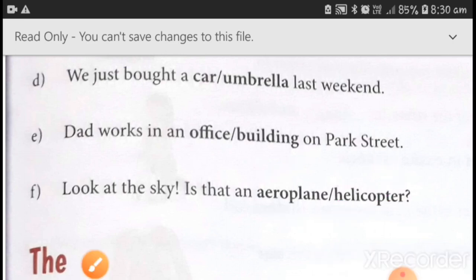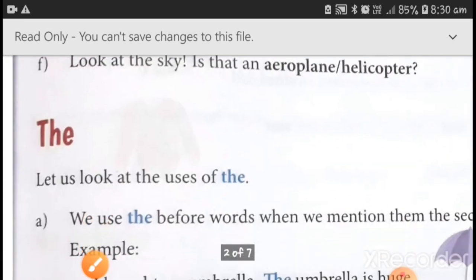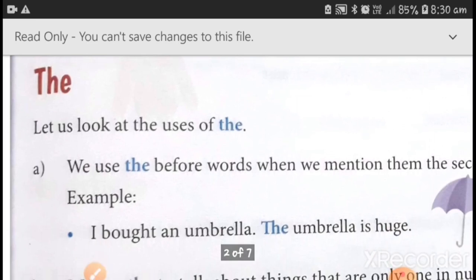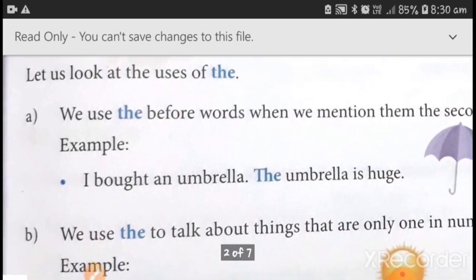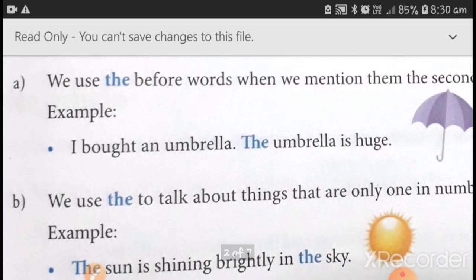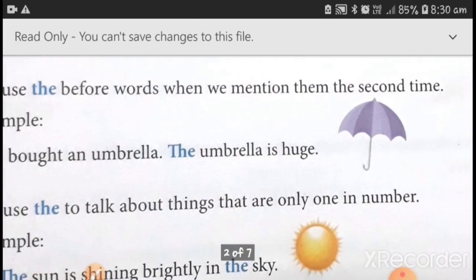Okay. Now, there are the different uses of the. So let us look at the uses of the. We have seen 2-3 examples already in the animation, but we come to know more here. So we use the before words when we mention them a second time.